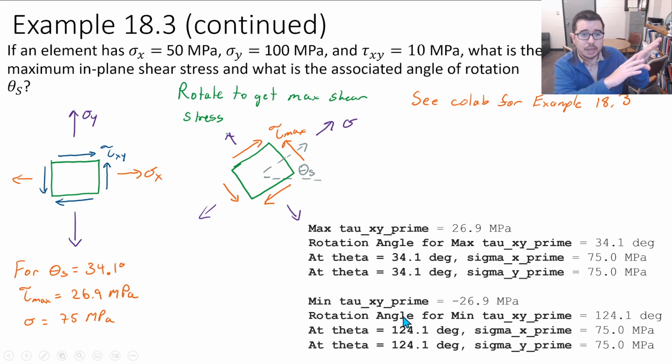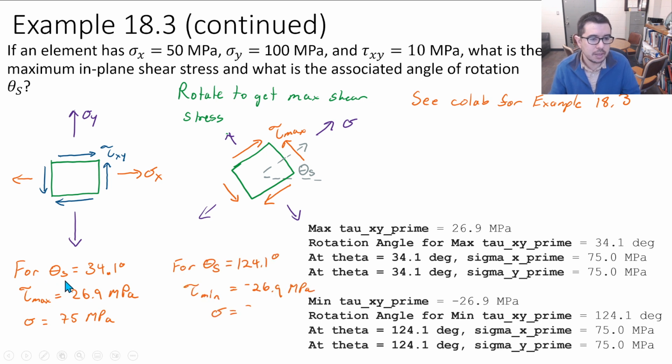And when we were doing principal stresses, we were thinking about the maximum sigma x prime and the minimum sigma x prime, the maximum sigma y prime, and the minimum sigma y prime. Now we're talking about the shear stresses, looking at the max shear stress and the min shear stress. So if we are associated with theta S1, we look at the maximum shear stress and we say, okay, that was at 34.1 degrees, and the average normal stress, the average of the normal stresses, is 75 megapascals.